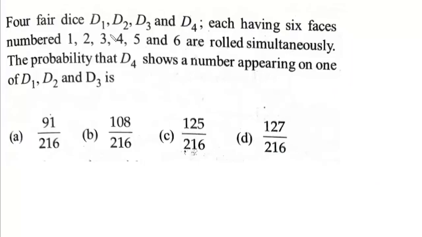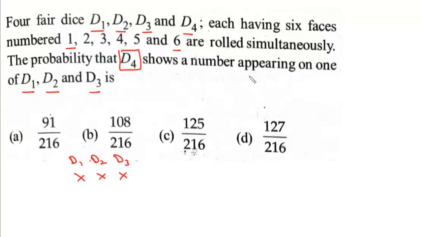Now here the question is, 4 fair dice D1, D2, D3 and D4, each having 6 faces numbered 1 to 6, are rolled simultaneously. The probability that D4 shows a number appearing on one of D1, D2 and D3. Now here we have to consider 3 cases. Case 1, when D1, D2 and D3 have the same number, say x, x and x.